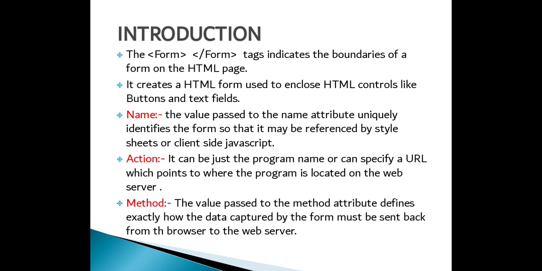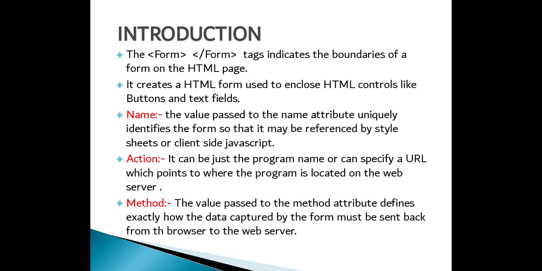Introduction: we will be using the form tag, which indicates the boundaries of the form on the HTML page. Here we can create the form boundary by using these tags. It creates an HTML form used to enclose HTML controls like buttons and text fields.